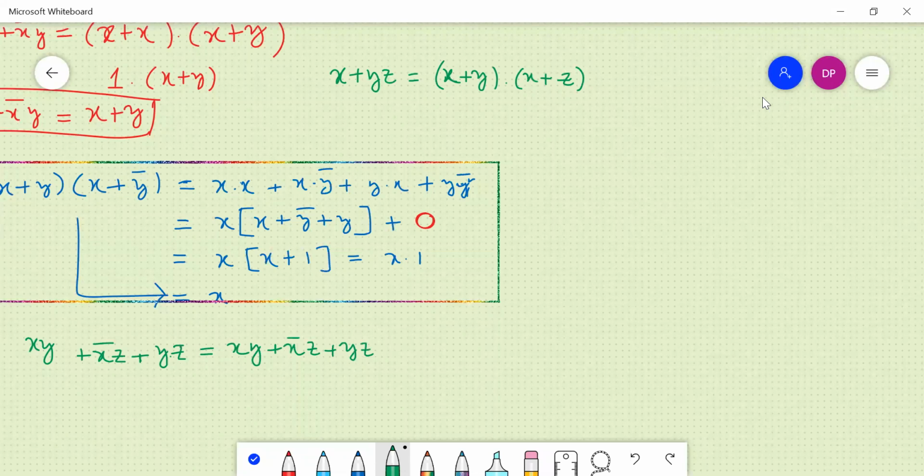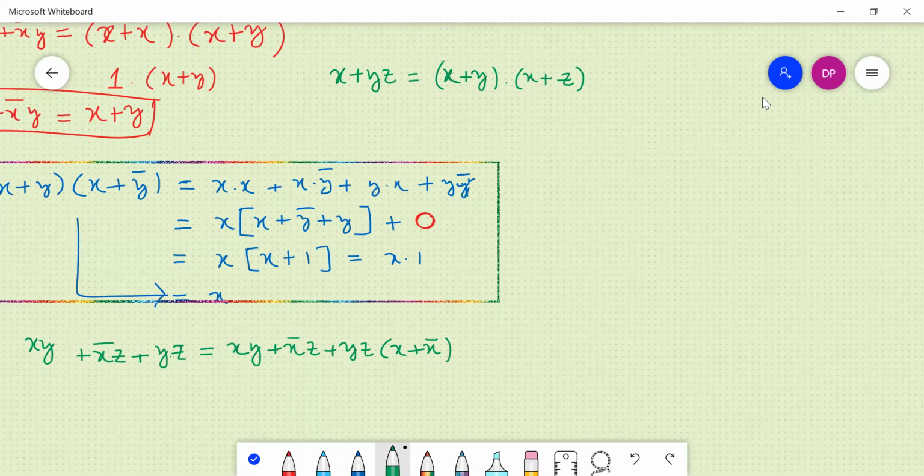We'll take a variable x plus x complement. What is x plus x complement? x OR with x complement is 1, sir. 1 OR with 0 is always 1. So yz into 1. Instead of 1, we have written x plus x complement.